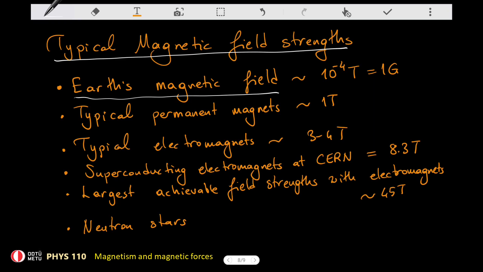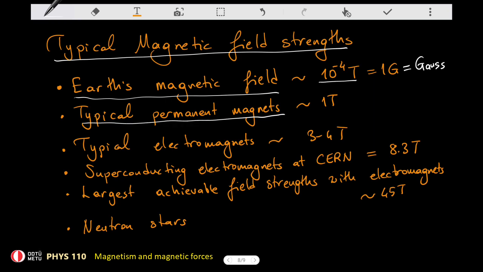Sometimes you just forget about these. This is about 10 to the minus 4 Tesla. 10 to the minus 4 Tesla is actually a CGS unit. It's called a Gauss. So 1 Gauss is 10 to the minus 4 Tesla. As a result, a lot of people refer to magnetic field being of the order of a few Gauss.